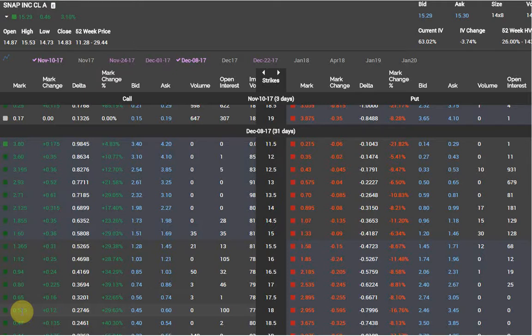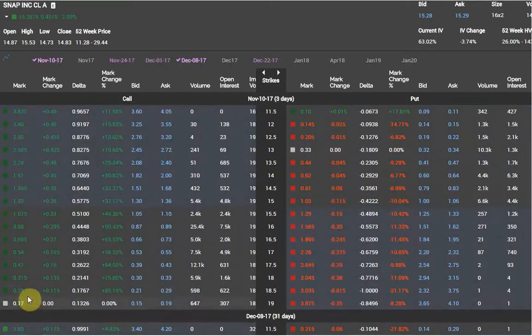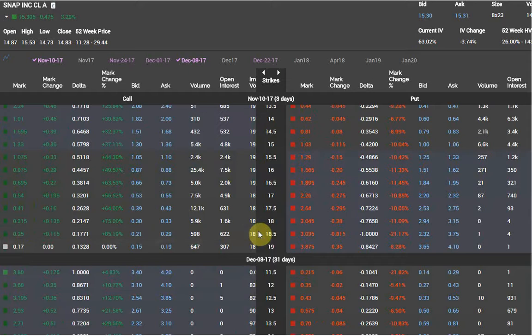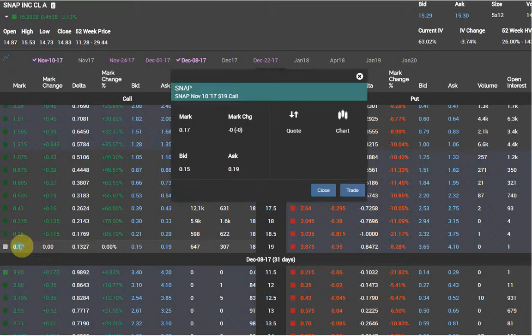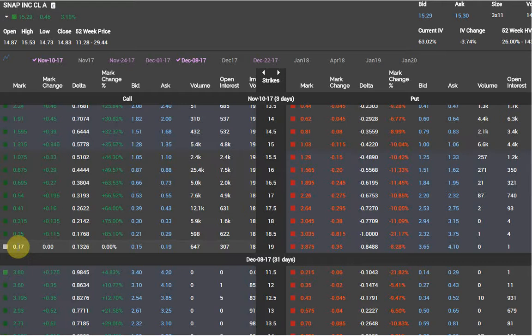To lower my entry point into my bet, I have the option of selling something short dated that is juiced. Like this should be a lot lower, so I can sell this against it and collect some money. It looks like maybe Snap just dropped a little bit because the premiums are dropping, or I can sell the 19 against it. So instead of 55, I'm collecting some here, 17.